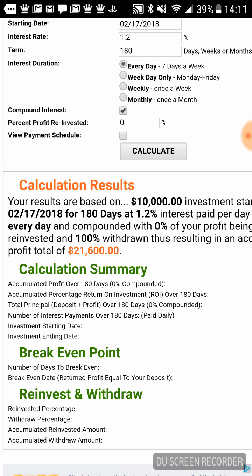A third of $10,000 would be about $3,500 or so a month, which would get you pretty darn close to $21,600, right? So there's option A, reinvesting nothing, just pulling it all out. If it lasts 6 months, instead of selling for $10,000, starting a loan and pulling out your interest every day would turn that into $21,600.